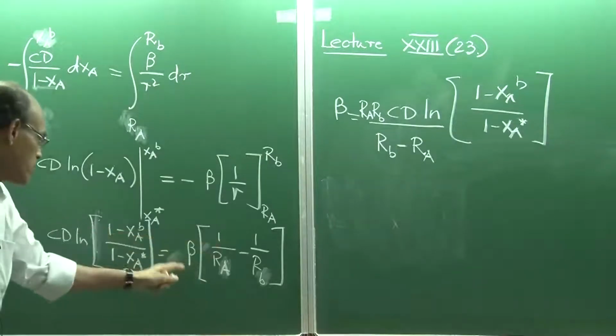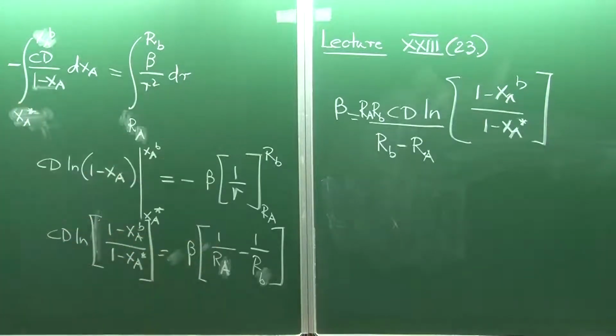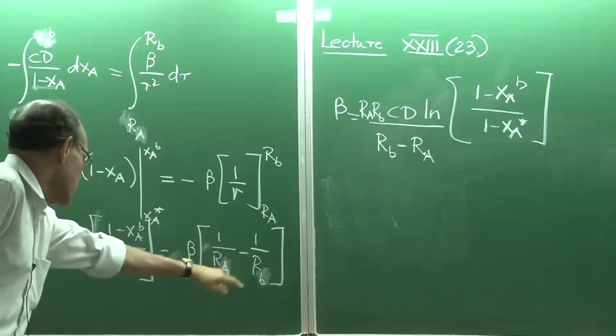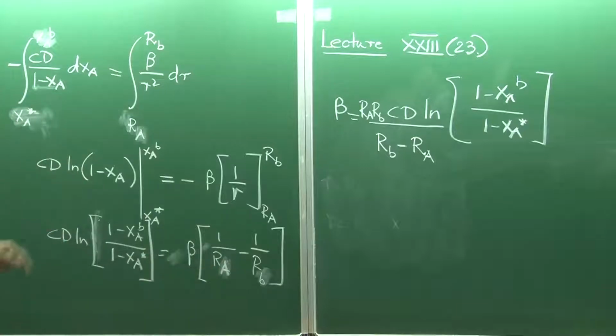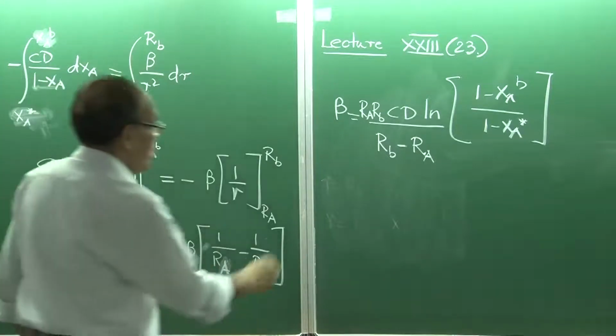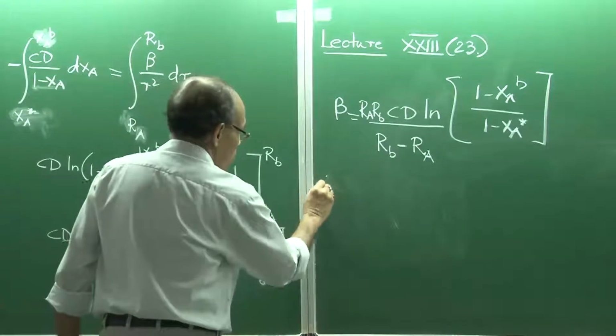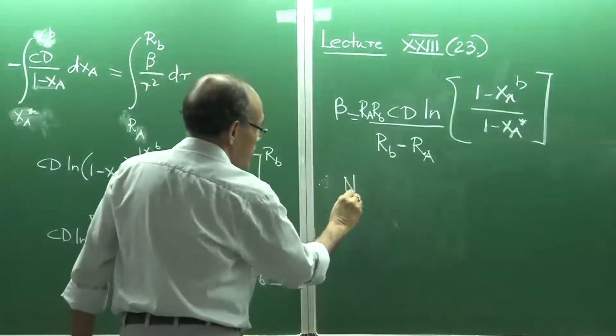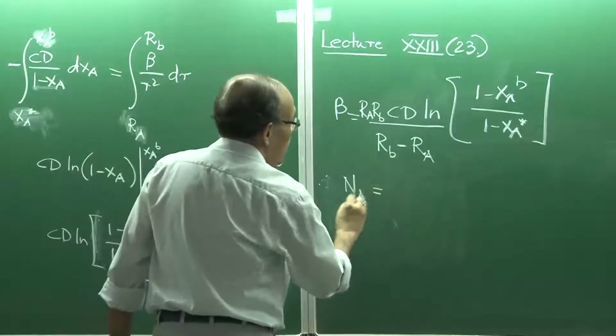So, simplification, straightforward, transferring this parameter to the left hand side, we get the value of beta, and therefore the flux is equal to this parameter.